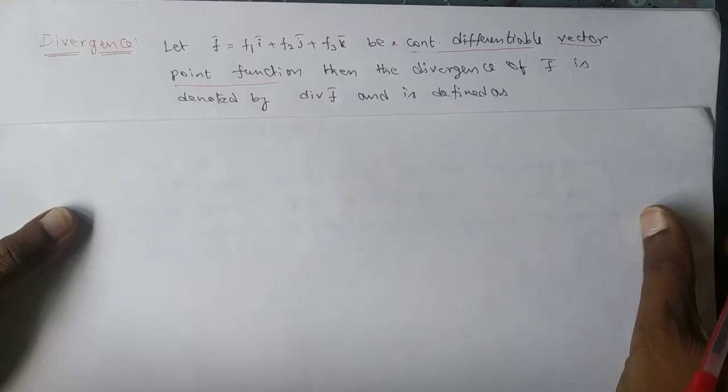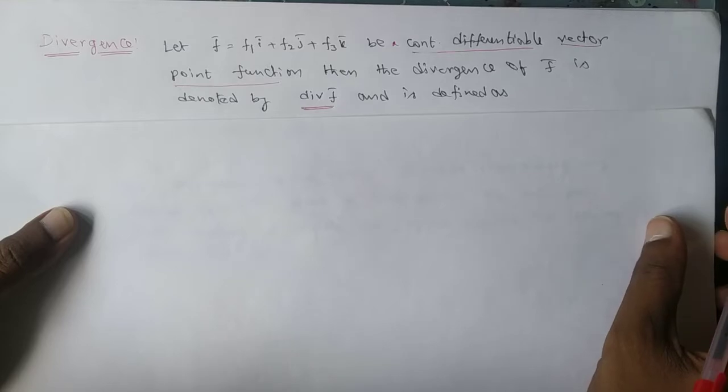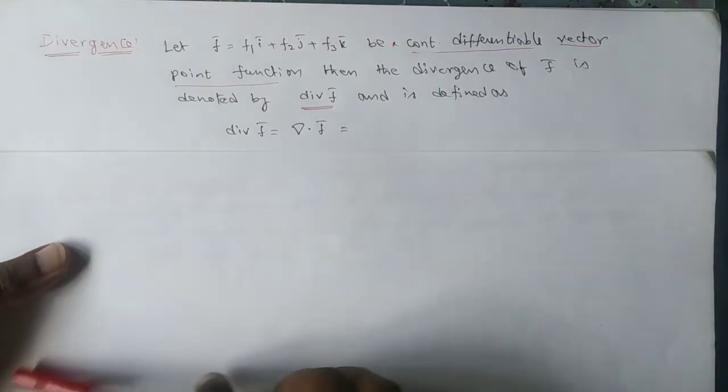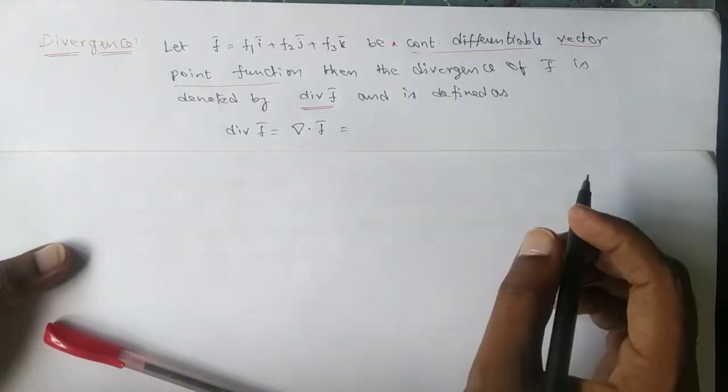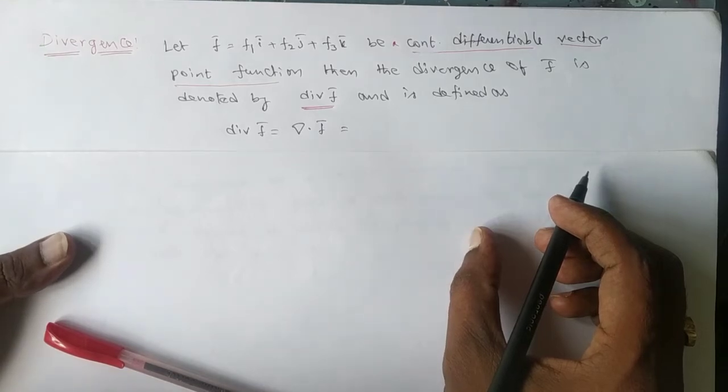Then the divergence of f bar is denoted by div f bar, and is defined as div f bar equal to del dot f bar.